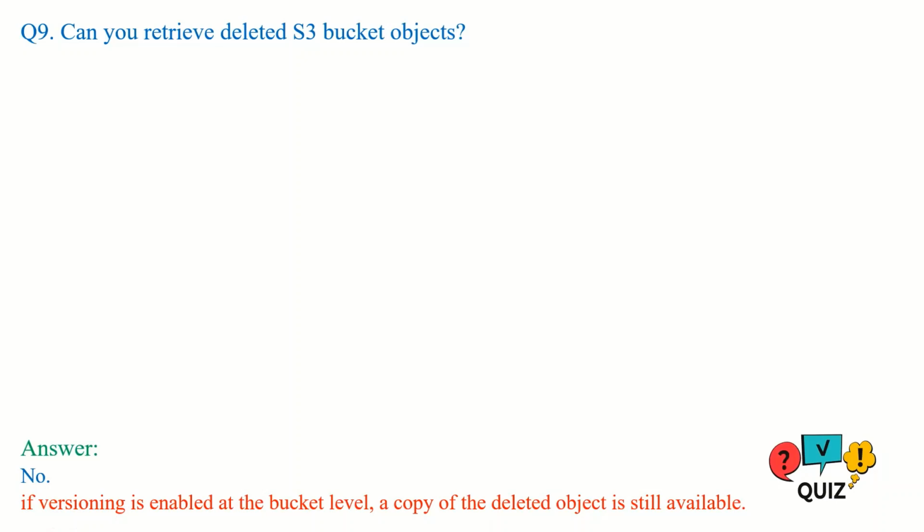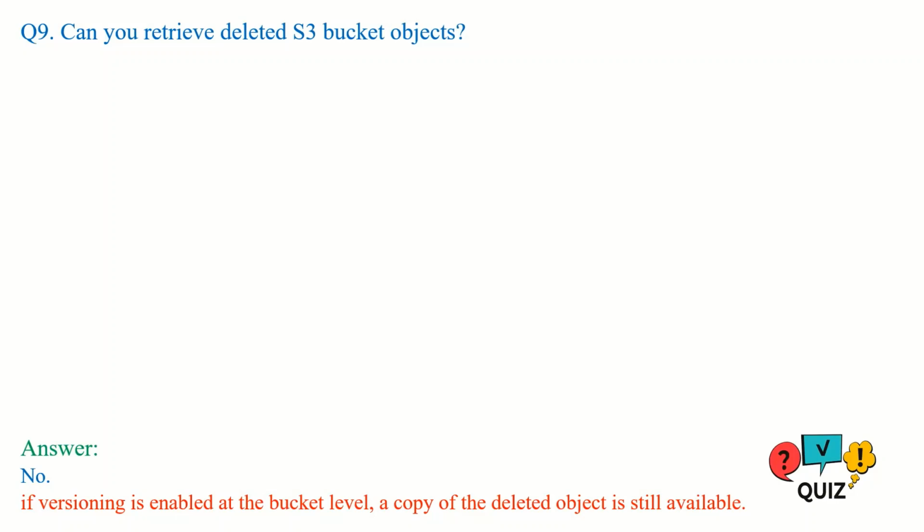The first answer, the gentleman who gave it, maybe he got confused with attaching the EBS, elastic block storage, to one virtual machine, detaching that volume and attaching it to another virtual machine. We are not talking about EBS, elastic block storage. We are referring here to the S3 buckets. So the answer is you can retrieve the deleted objects.